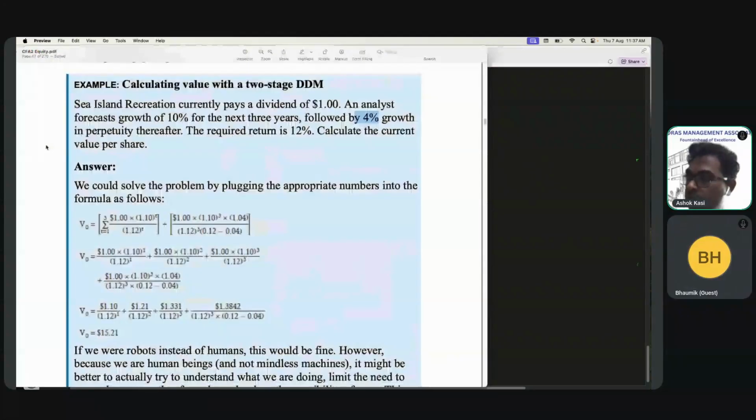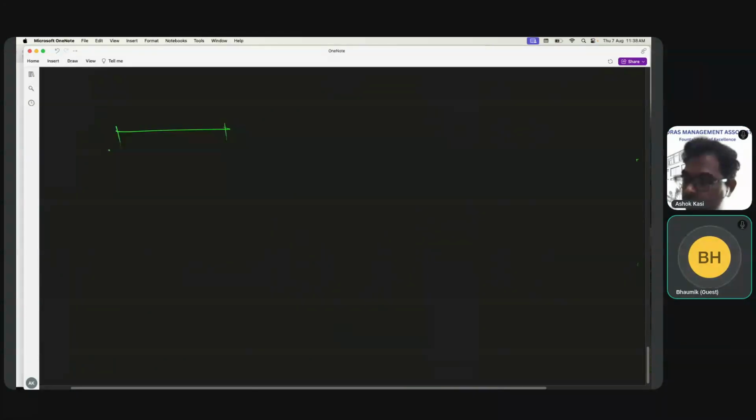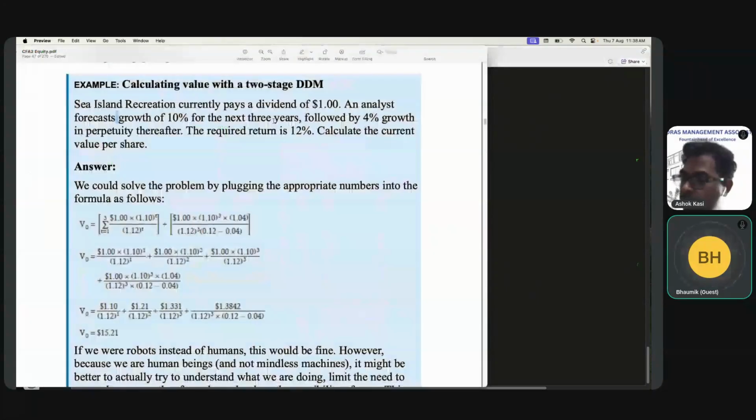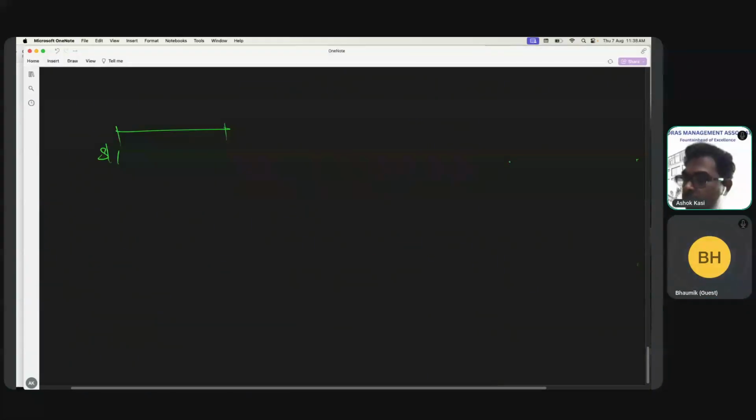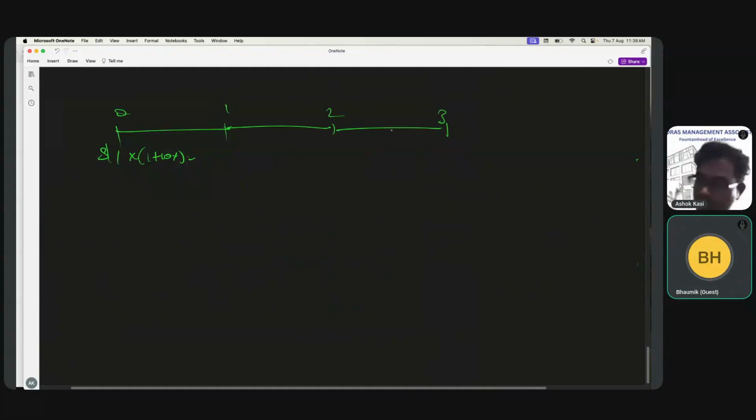Right now it is currently $1, and it is growing at the rate of 10% for the next 3 years. So 1 into 1 plus 10% is 1.1. Again into 1 plus 10%, 1.21.